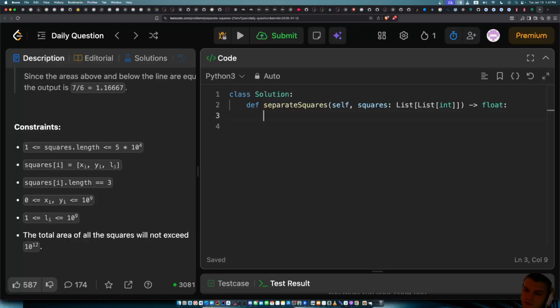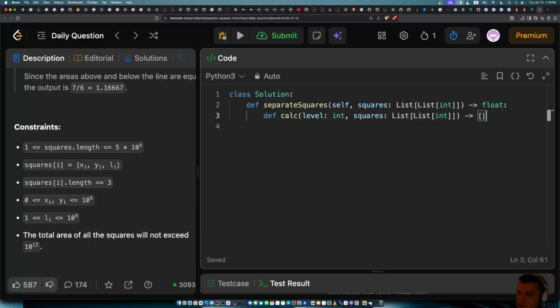So I'll have this, let's call it function def calc, and then it will accept the level and the integer, then it will accept the squares as a list of integers, and then it will return two values.